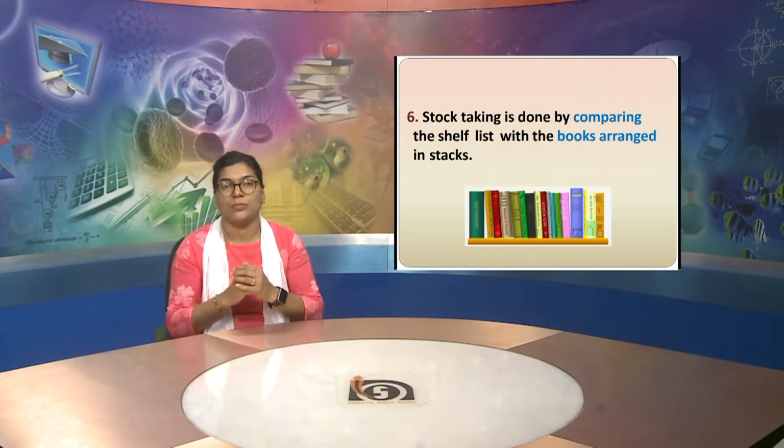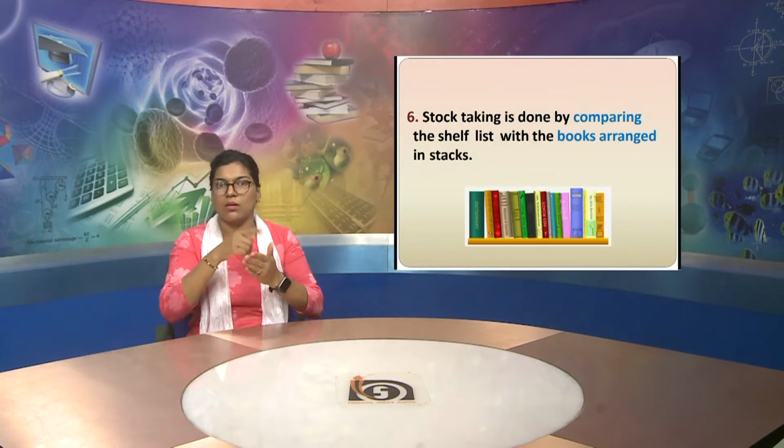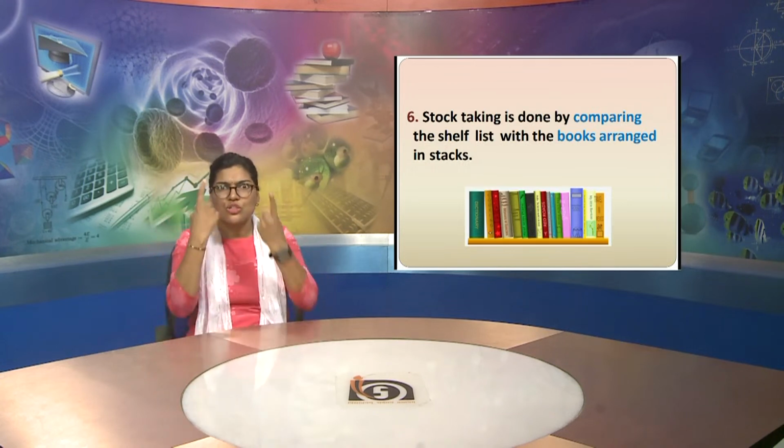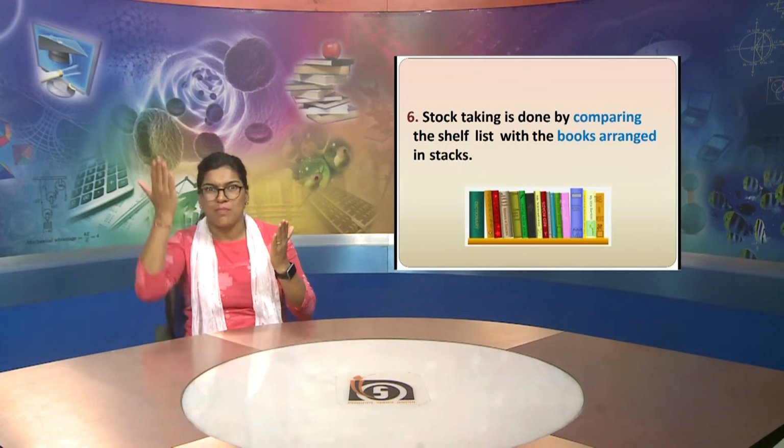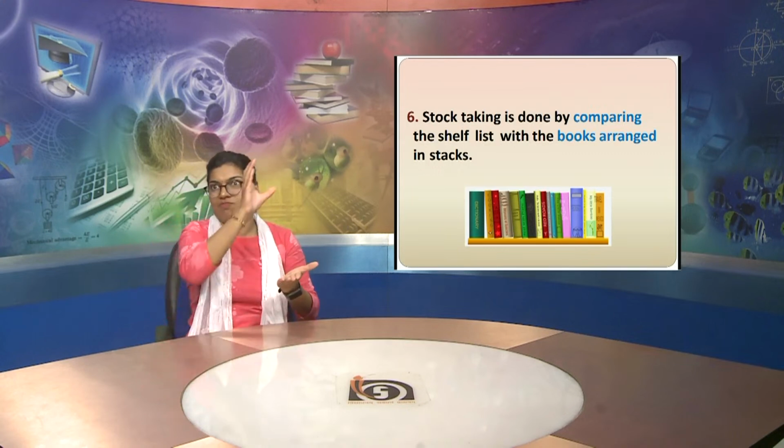Point number 6. Stock taking is done by comparing the shelf list with the books arranged in stacks.